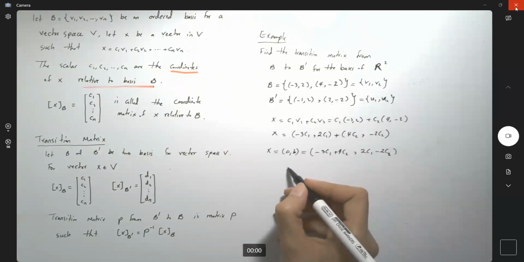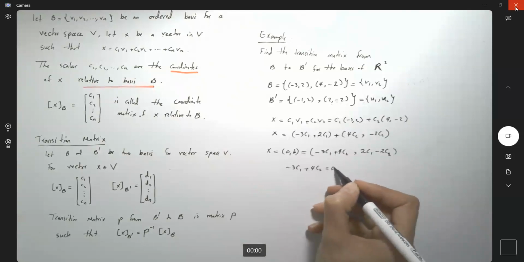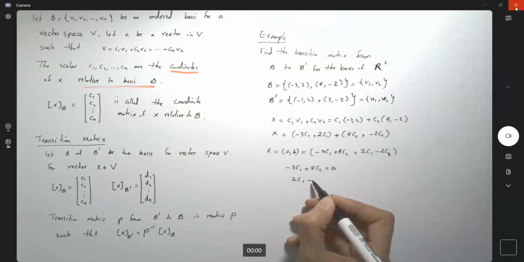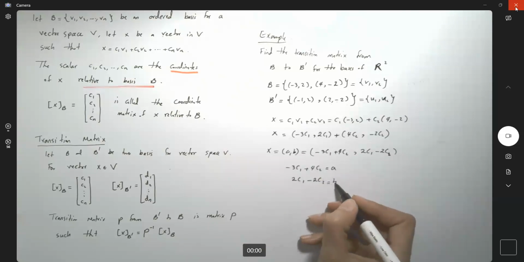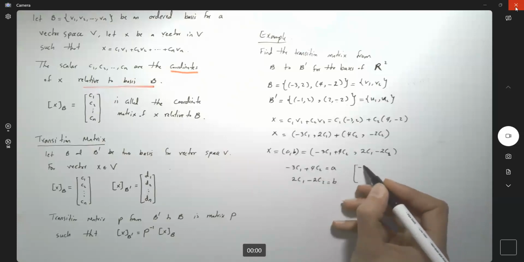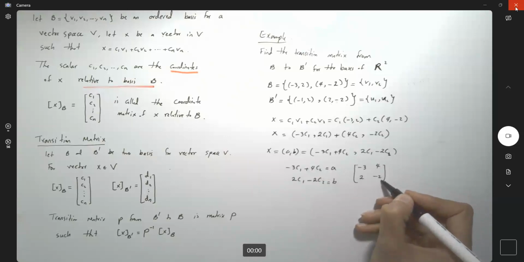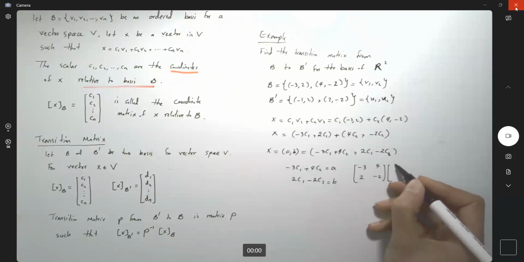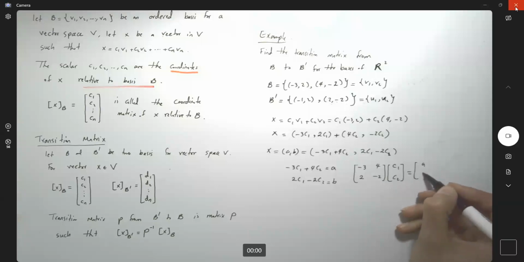So if x is the vector (a, b), then -3c1 plus 4c2 is a, and 2c1 minus 2c2 is b. As you remember, we can form a matrix with columns (-3, 2) and (4, -2), multiplied by c1, c2, which gives you a and b.